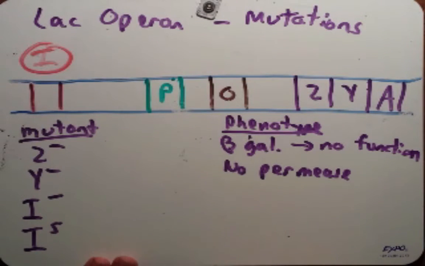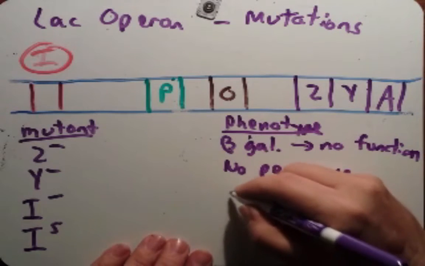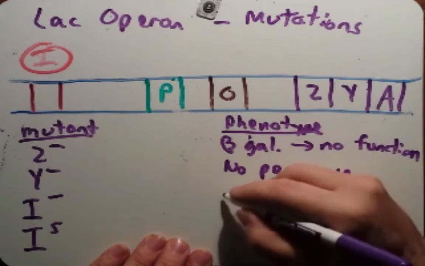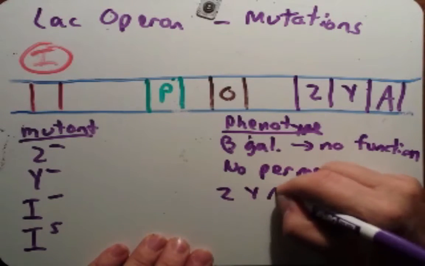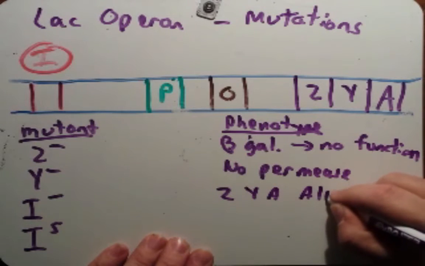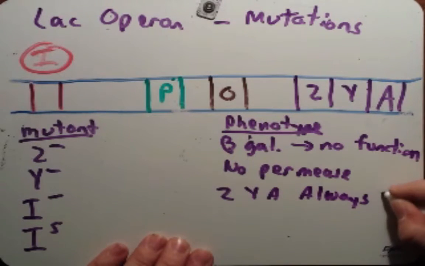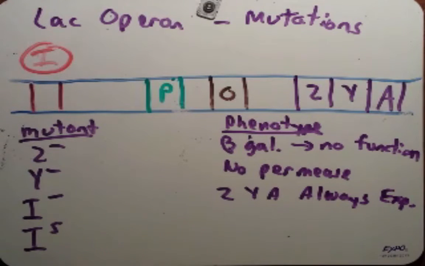The I minus mutant resulted in the genes ZYA always expressed, EXP for expressed. With or without lactose present, the genes were always expressed. So let's talk about that one first.